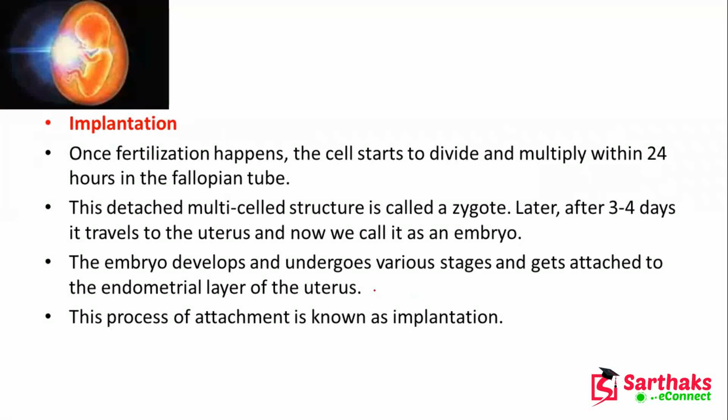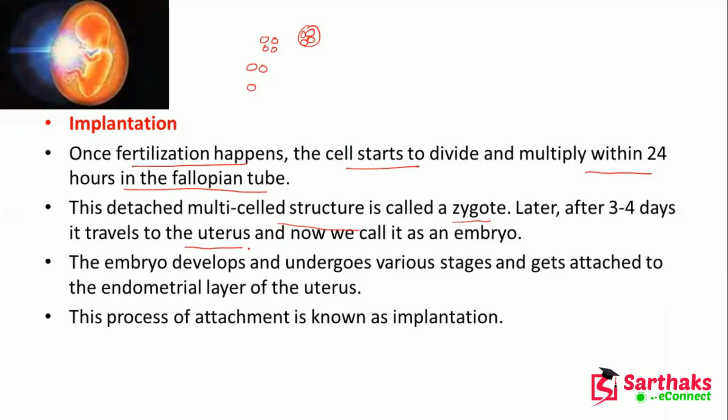Now implantation. Once fertilization happens, the cell starts to divide and multiply within 24 hours in the fallopian tube. You have seen the picture: first it will be a single cell, then two, then four, then compact. This multi-cell structure is called the zygote, and after 3 to 4 days it travels to the uterus.